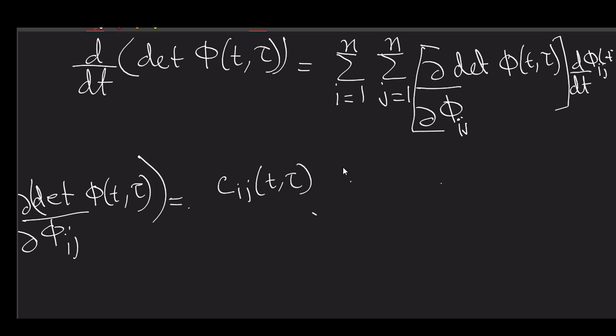correct. Now this whole thing again we can write like this, replacing this bracketed term by Cij(t, tau).